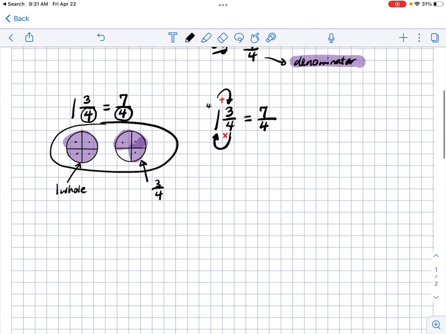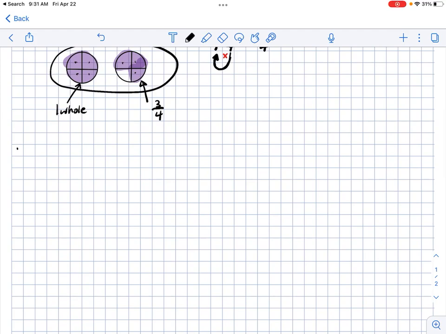So let's do number 1 here. Convert the following mixed numbers to improper fractions.